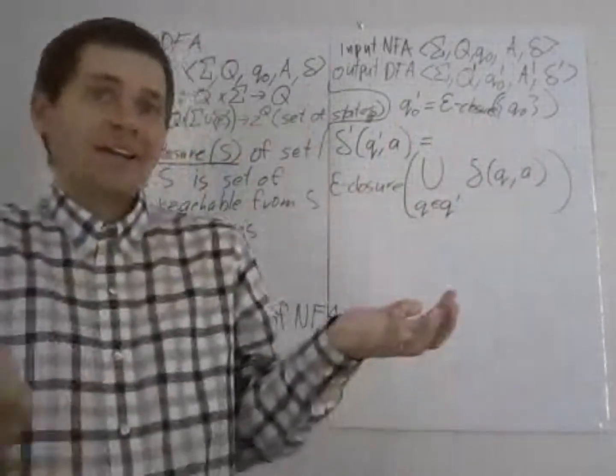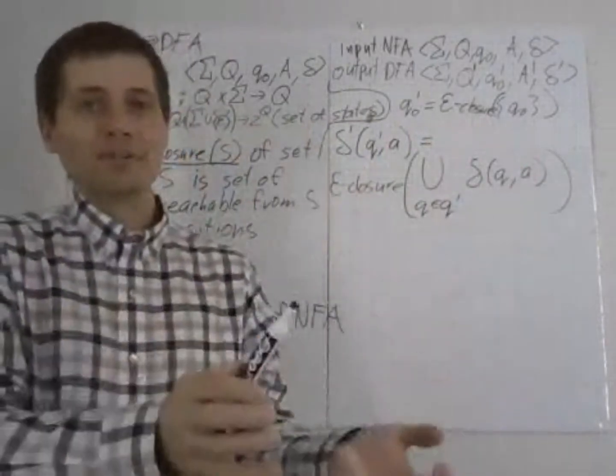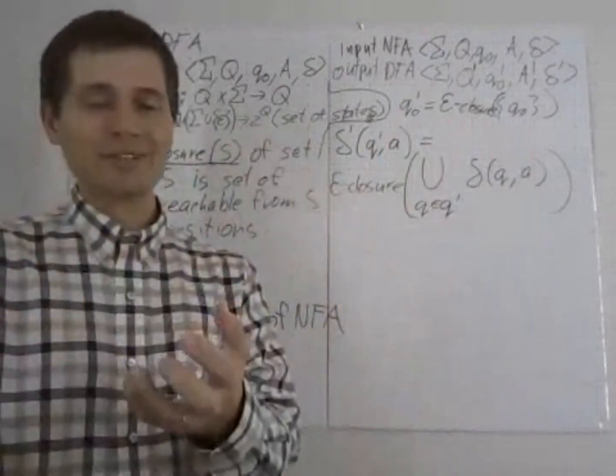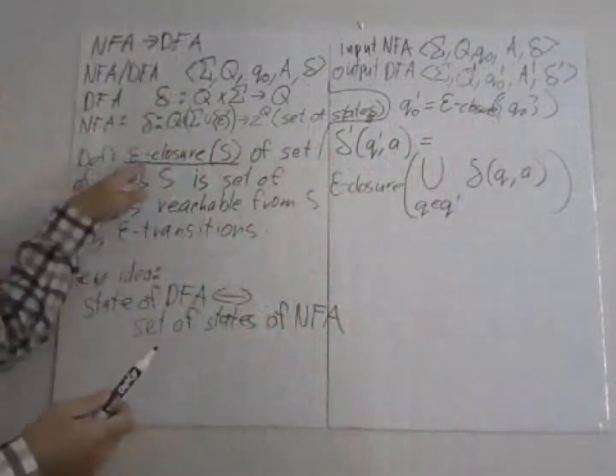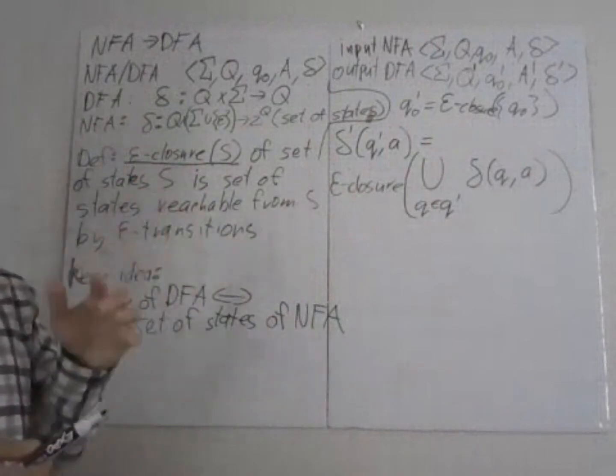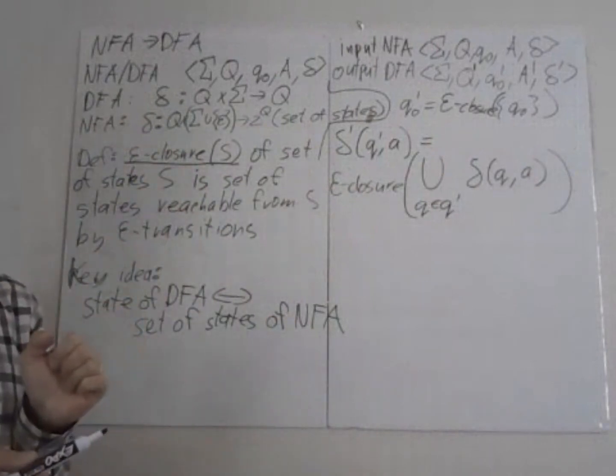Or another way of saying that, if you had first translated the NFA to one without epsilon transitions, then the epsilon closure would always be the identity, right? Because there wouldn't be any epsilon transitions left.